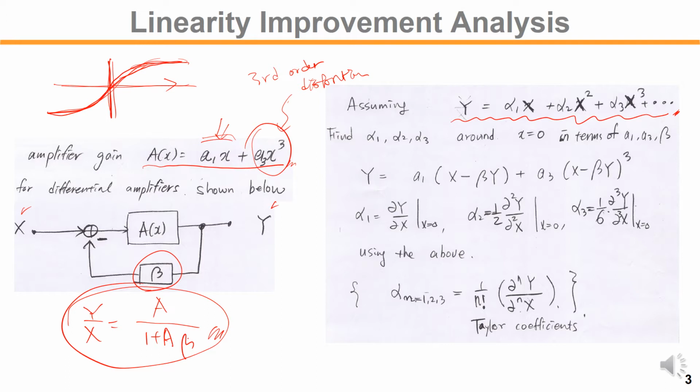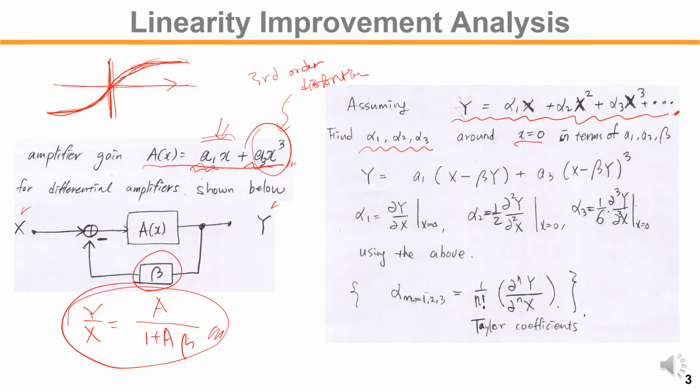Now let's find the coefficients alpha 1, alpha 2 and alpha 3 around 0, right? Without feedback, we know the coefficients are small a1 and a3 like this.